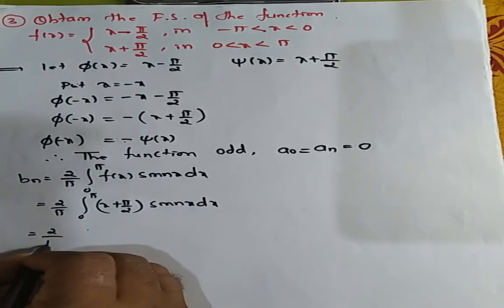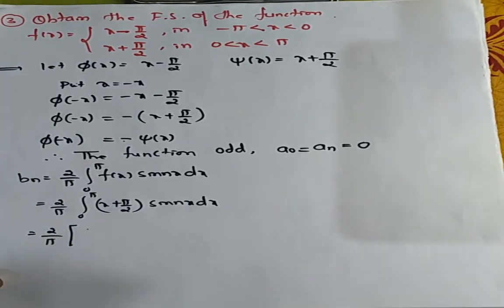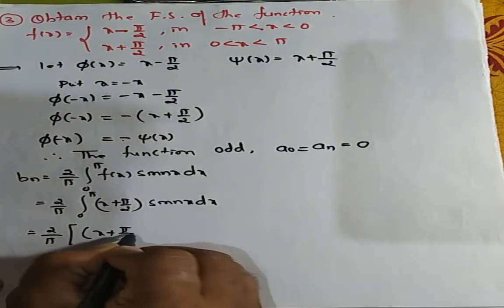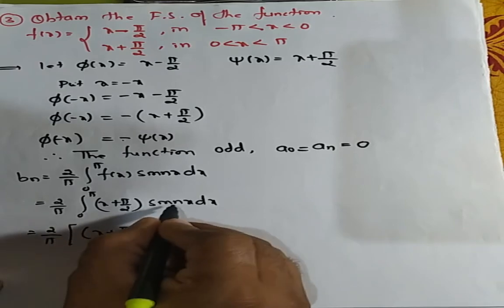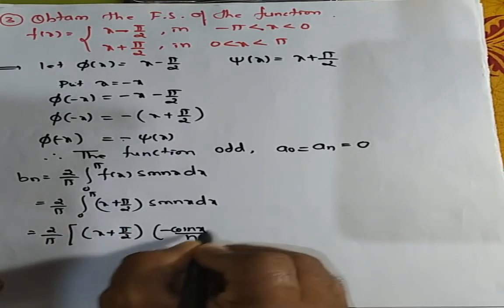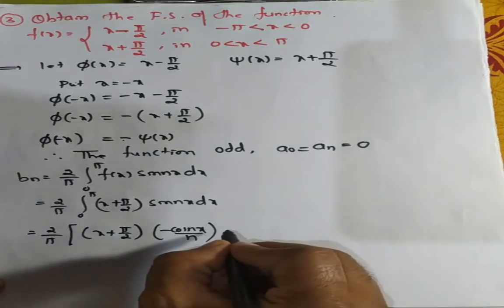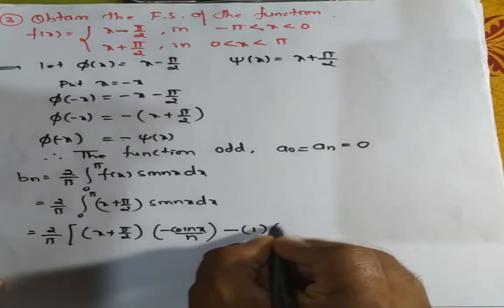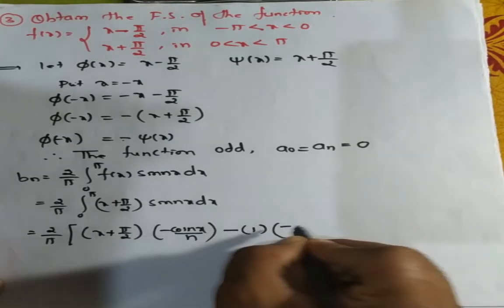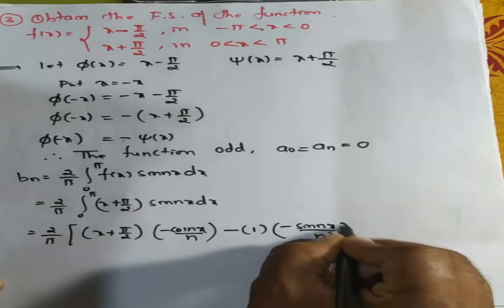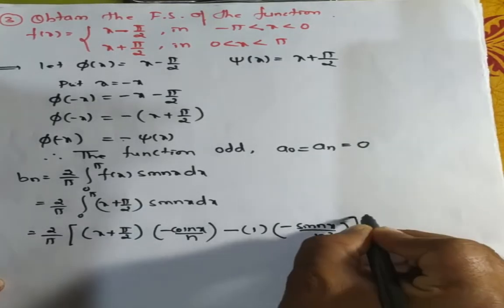So 2 divided by pi, bracket. First function as it is, integration of sin is minus cos nx divided by n. Then minus, differentiation of this one is 1, again integration of this one is integration of sin nx, which gives sin nx divided by n square, bracket, applying 0 to pi.